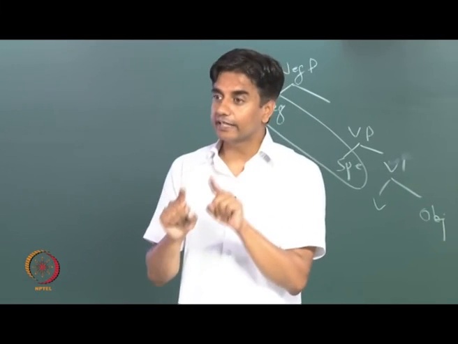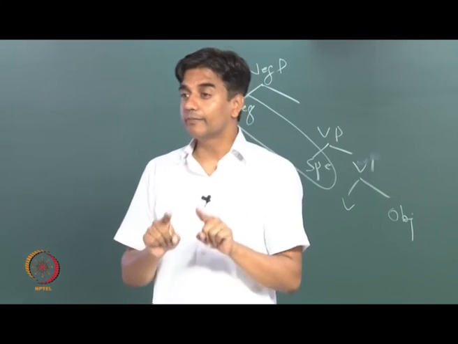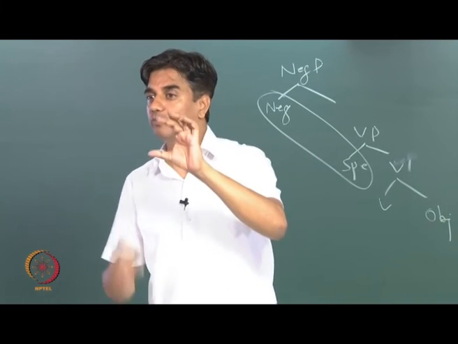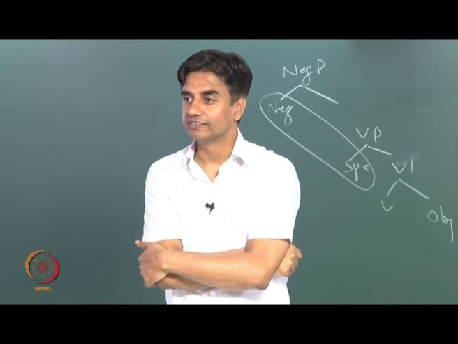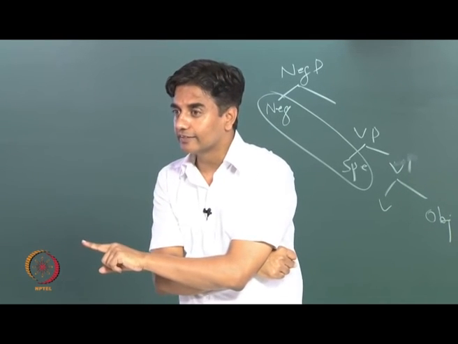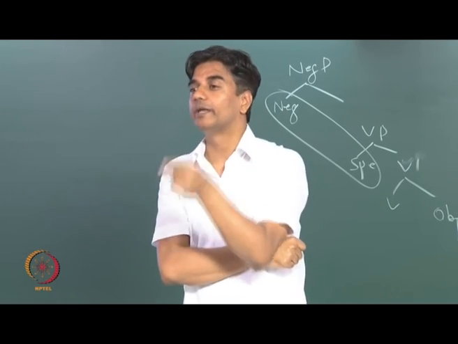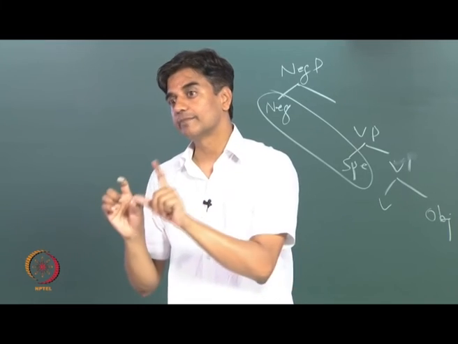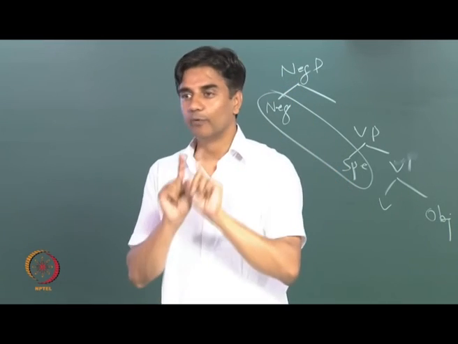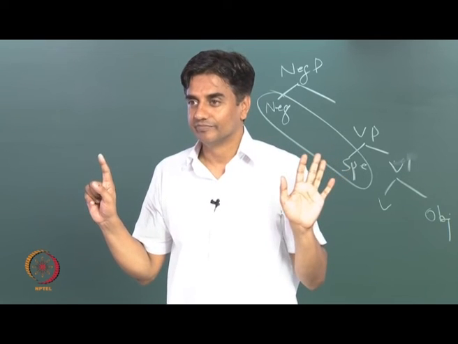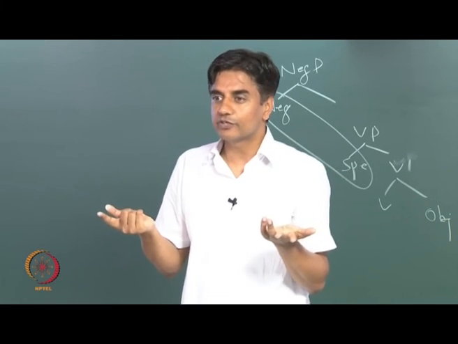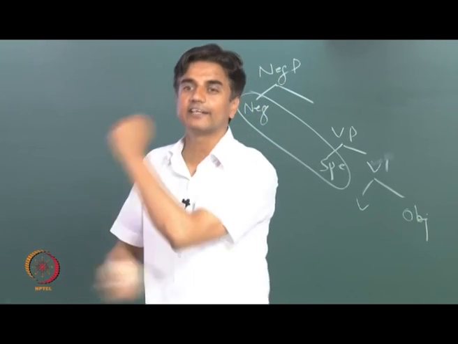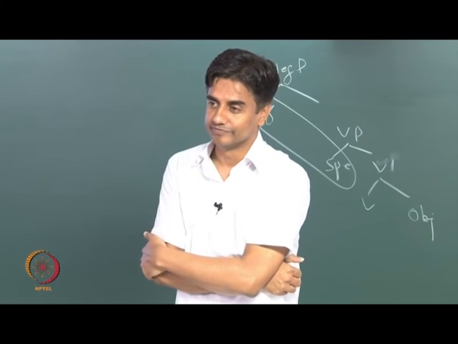Licensing of negative polarity item therefore becomes an evidence for ordering of movement operations. Only after licensing the element, or only after being licensed by negation, if the need happens to be that way, subjects can move. See, movement of subject is for every sentence, but licensing is not related to every sentence. Licensing is related only in the sentence where you have a negative polarity item and a negative word.